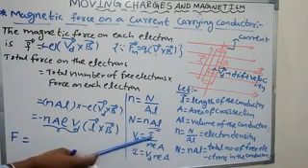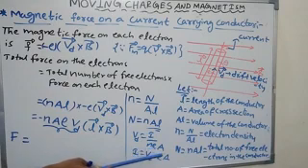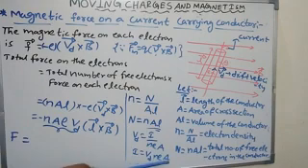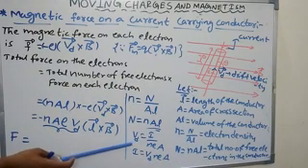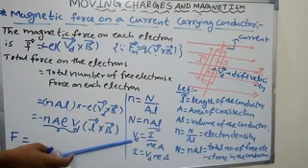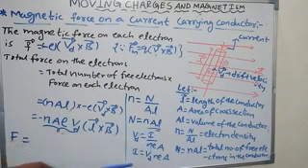Remember this very important formula: drift velocity Vd is equal to I by nEA, and I is equal to Vd nEA. Today you learned one new important formula, so remember this one.